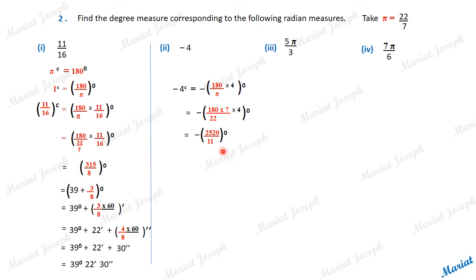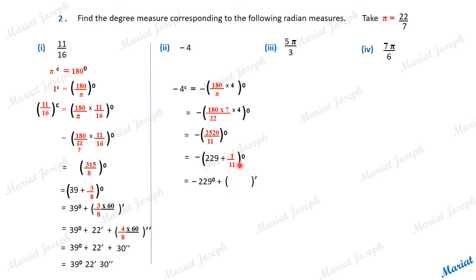2520 upon 11 degrees. Now this division, let's perform and write it as an integer part and remaining fraction part. If you do the division, 229 times 11, then 1 is the remainder. So 1 upon 11 will be the balance. It means there are 229 degrees full, complete, and 1 upon 11 degree also.